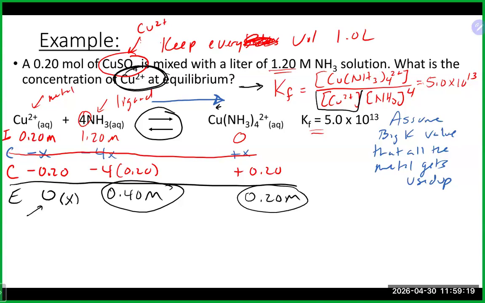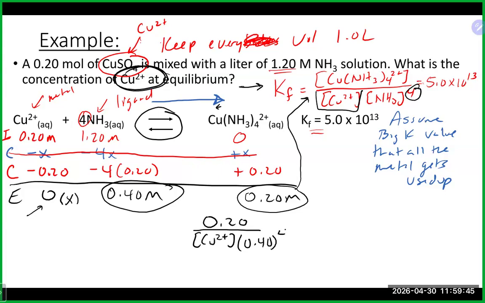So what I'm going to do now is take, just like normal, my equilibrium line and put it into my equilibrium expression. If I do that, I will end up with 0.2 up on top divided by the copper concentration, which is what I'm looking for, times my 0.4, which I still need to take to the fourth power.